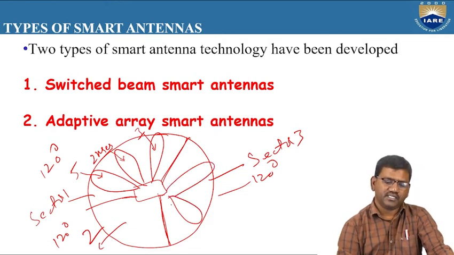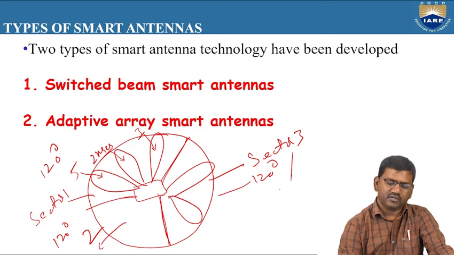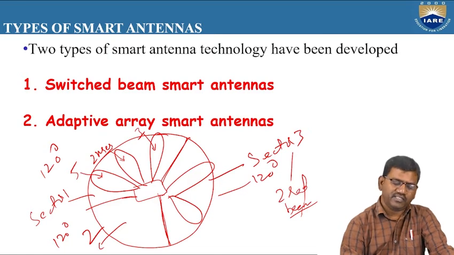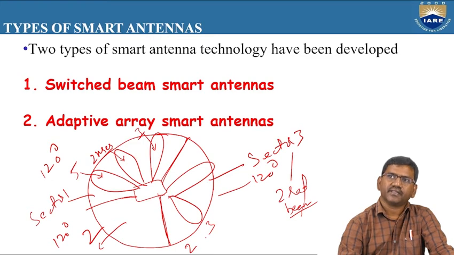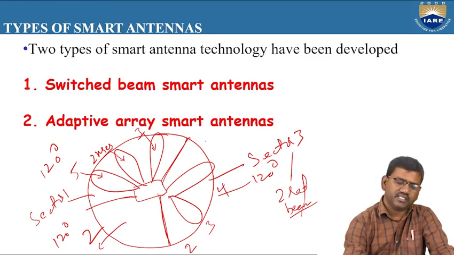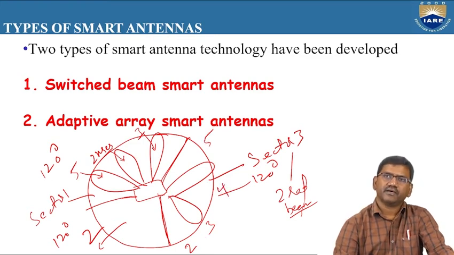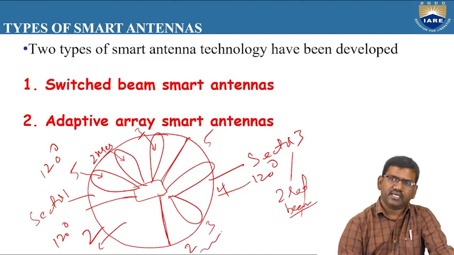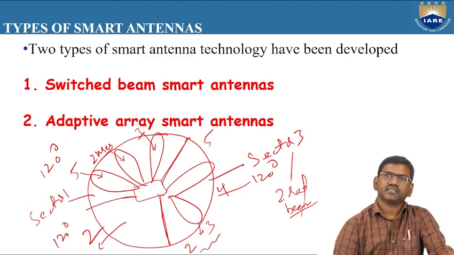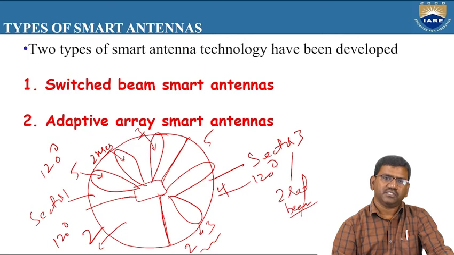Predefined radiation patterns. Here in this sector there are only 3 radiation beams. Right? So whether the users are here, there may be 2 users, here there may be 3 users, here there may be 4 users, and here there may be 5 users. So these 2 and 3 users can use only this beam.